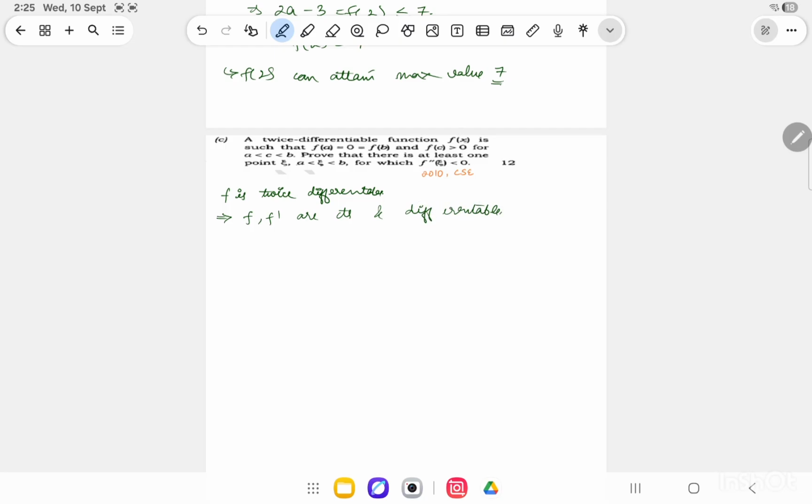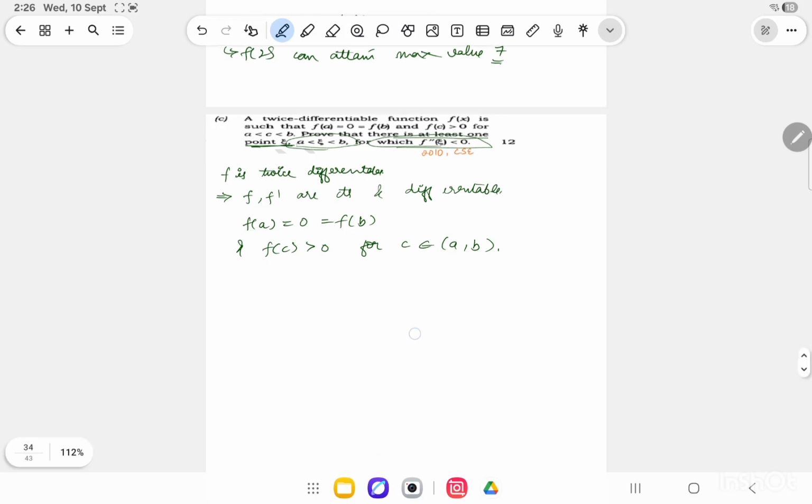So f is a function that is twice differentiable such that f of a is equal to 0 and it is equal to f of b, and it further says that f of c is greater than 0 for some c belonging to the open interval (a, b). So we are supposed to prove that there is at least one such point xi in between (a, b) for which f dash xi is less than 0.